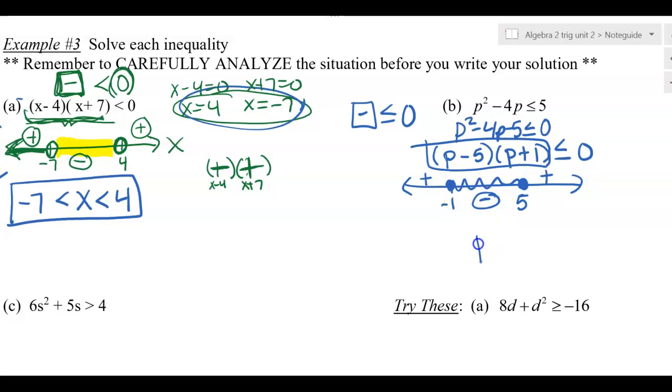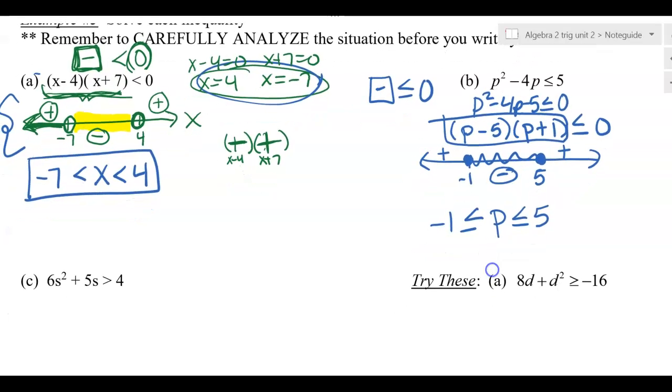And then we would say that P is between 5 and negative 1. Right? Okay, and then let's do one more and look at part C.